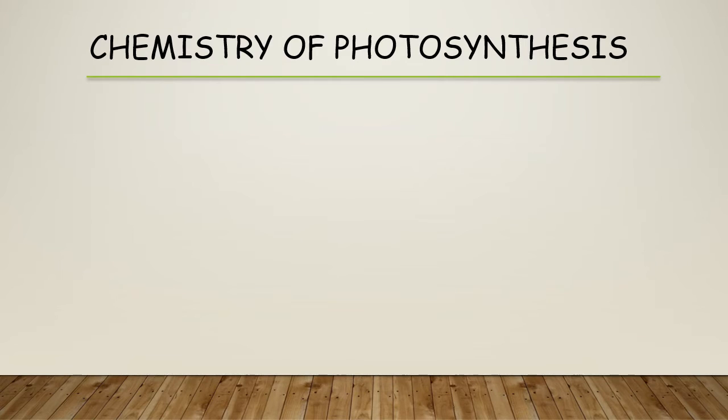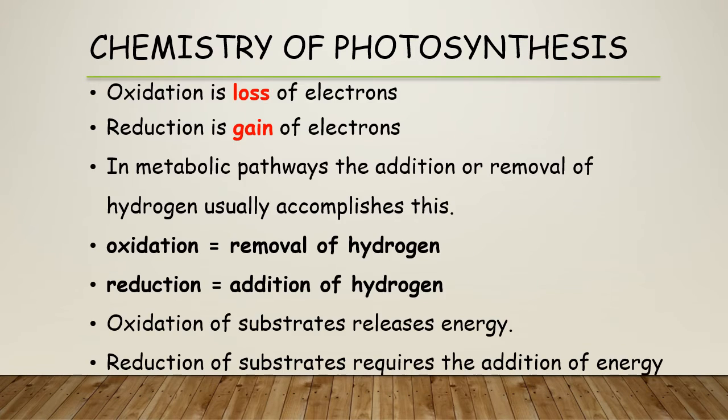So now that we have looked at the structure of chloroplasts in more detail and the photosynthetic pigments that are contained in there, we're now going to look at the chemistry of photosynthesis. And one thing you need to understand if you're not a chemistry student is oxidation is loss of electrons, which in metabolic pathways normally means the removal of hydrogen. And reduction is the gain of electrons, which in metabolic pathways is normally the addition of hydrogen.